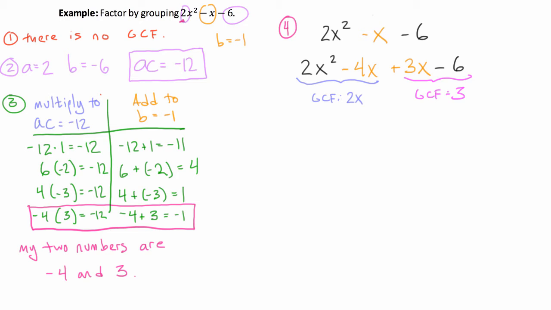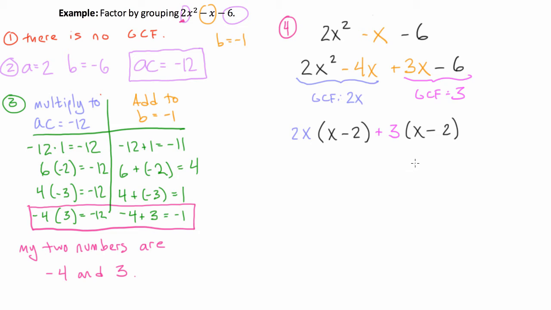I have 2x times what's left. I have x minus 2. And then I take a positive 3 out of here. What's left if I take 3 out of 3x is just x. And if I take 3 out of minus 6, I just have minus 2 left.